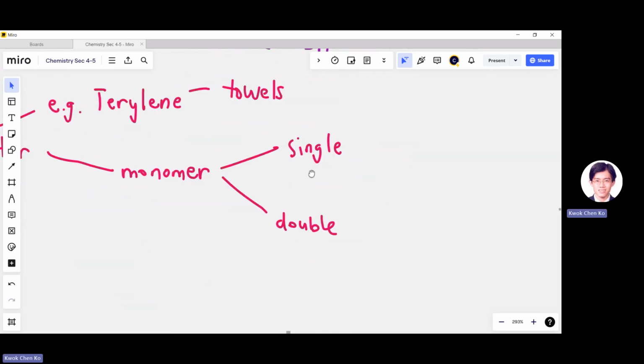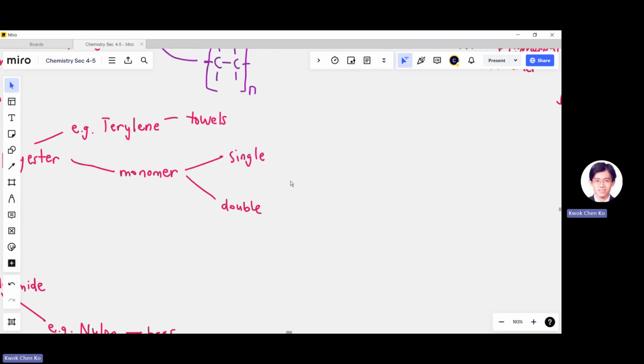Anyway, I'll make it easy for you. If single, you have one chunk there. You'll draw one chunk, usually a rectangle. And on this side, you see this, and on the other side, you see this.